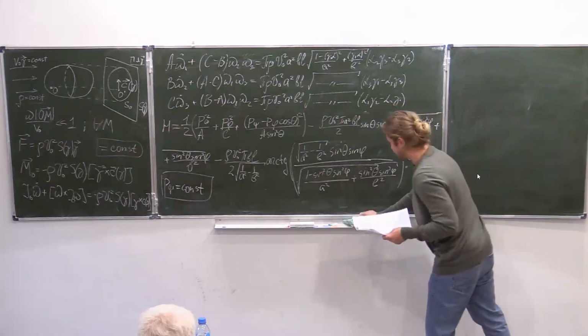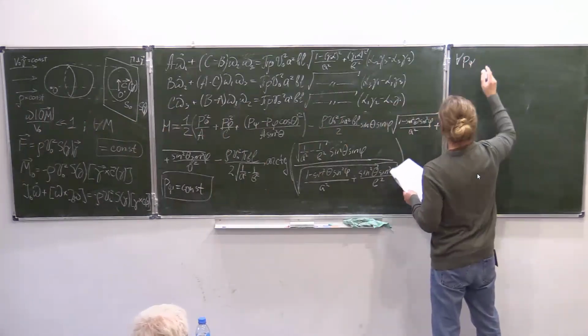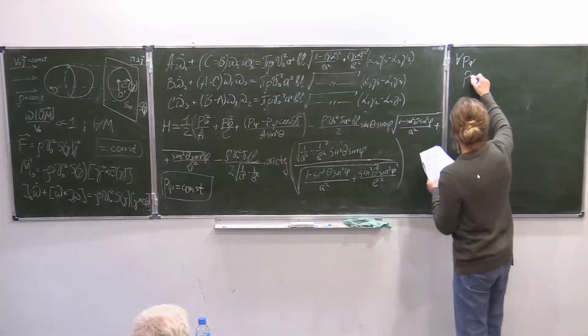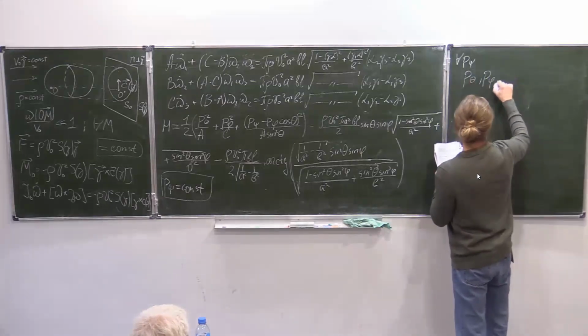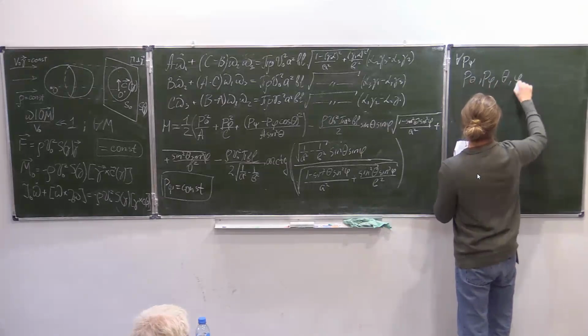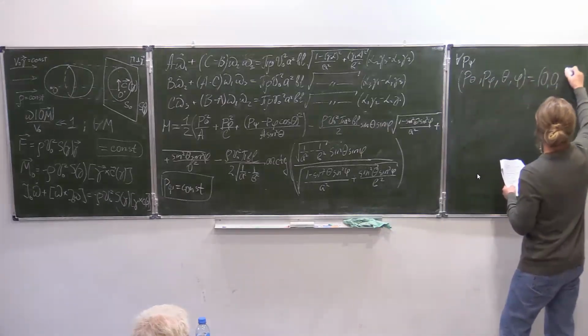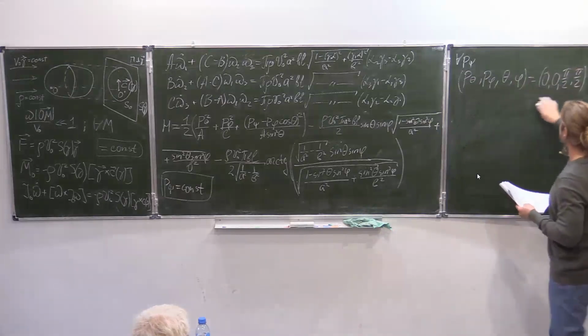At any value of the p psi integral, the point 0, 0, p psi over 2 is the equilibrium position.